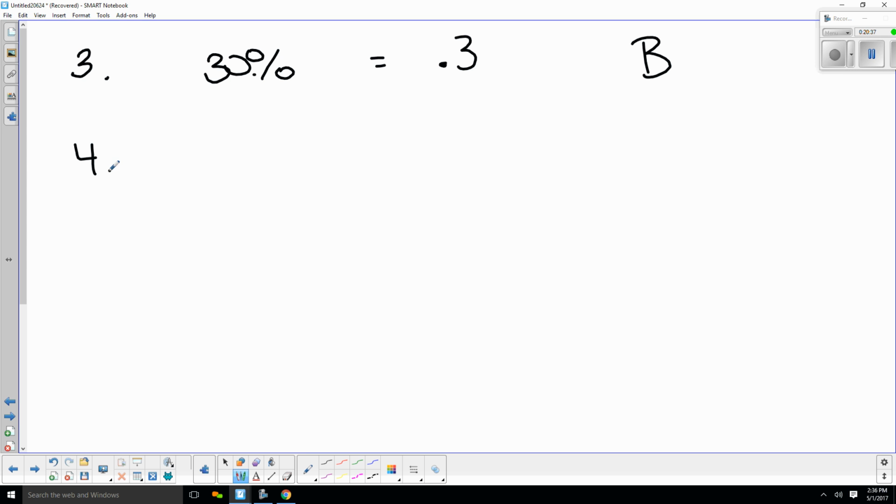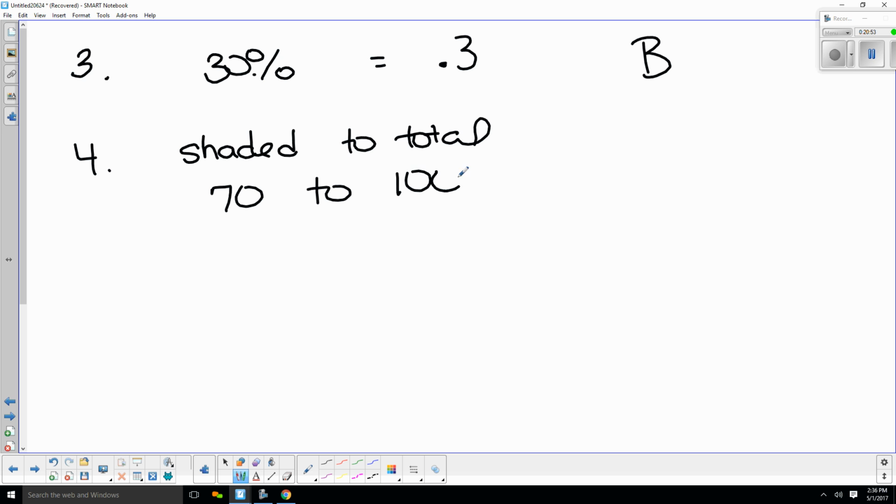Number 4 says identify each value that represents the shaded part of the grid shown. So here again, we're going to put shaded to total. When I count those, I have 70 shaded to my total of 100. I can make this a fraction if I want to, 70 over 100. I can reduce by 10, which gives me 7 over 10.